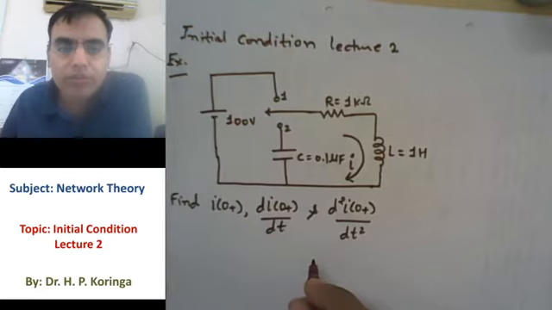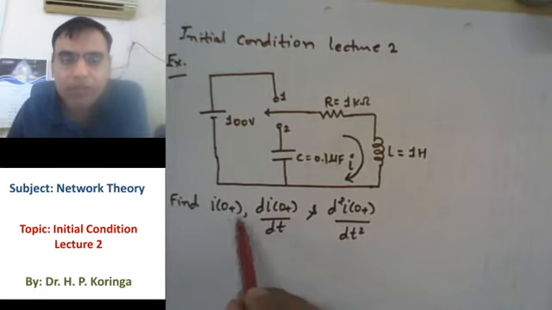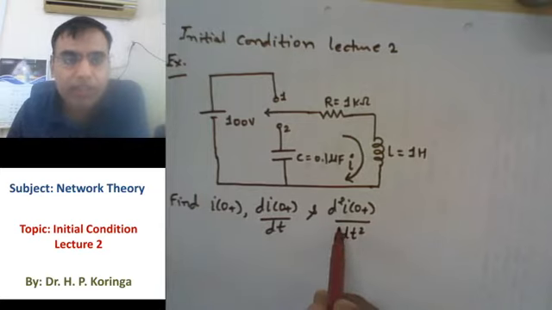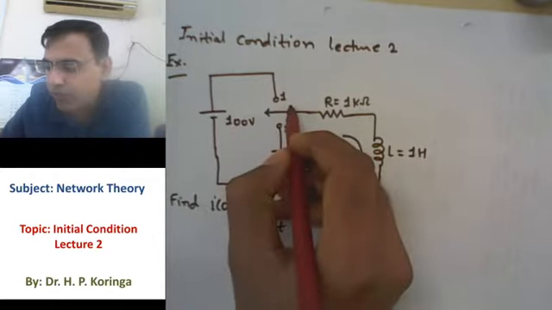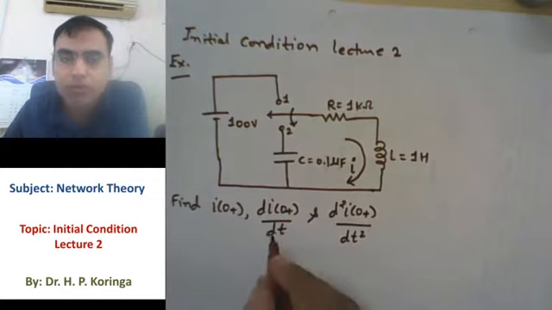This is the question for this network. We have to find I(0+), its first derivative and its second derivative. The switch moves from position 1 to position 2 at t equal to 0.